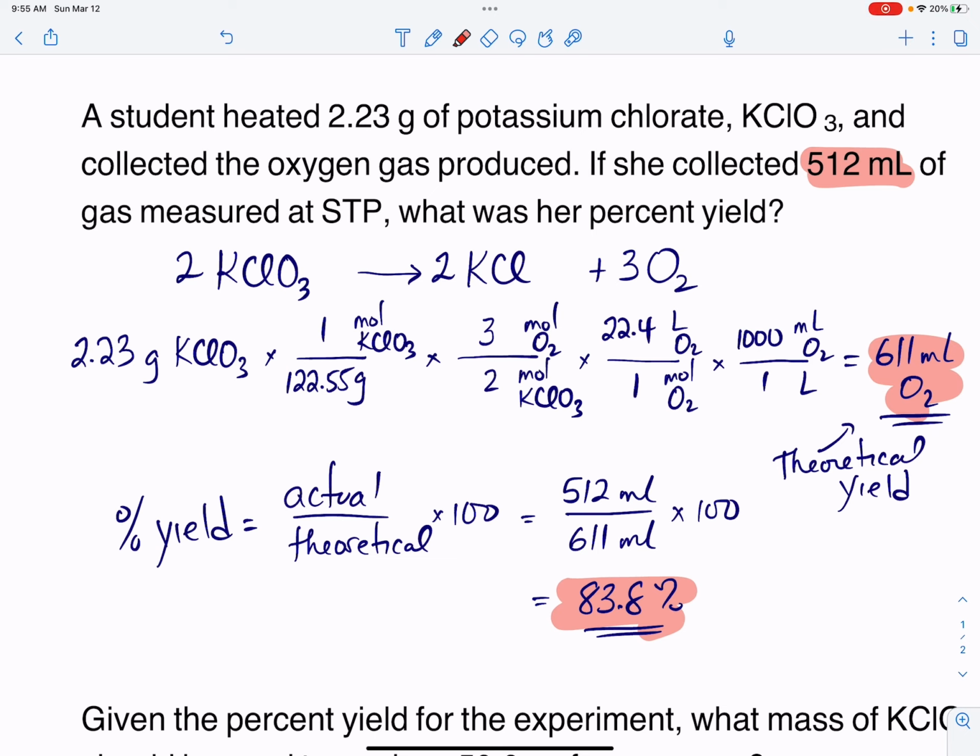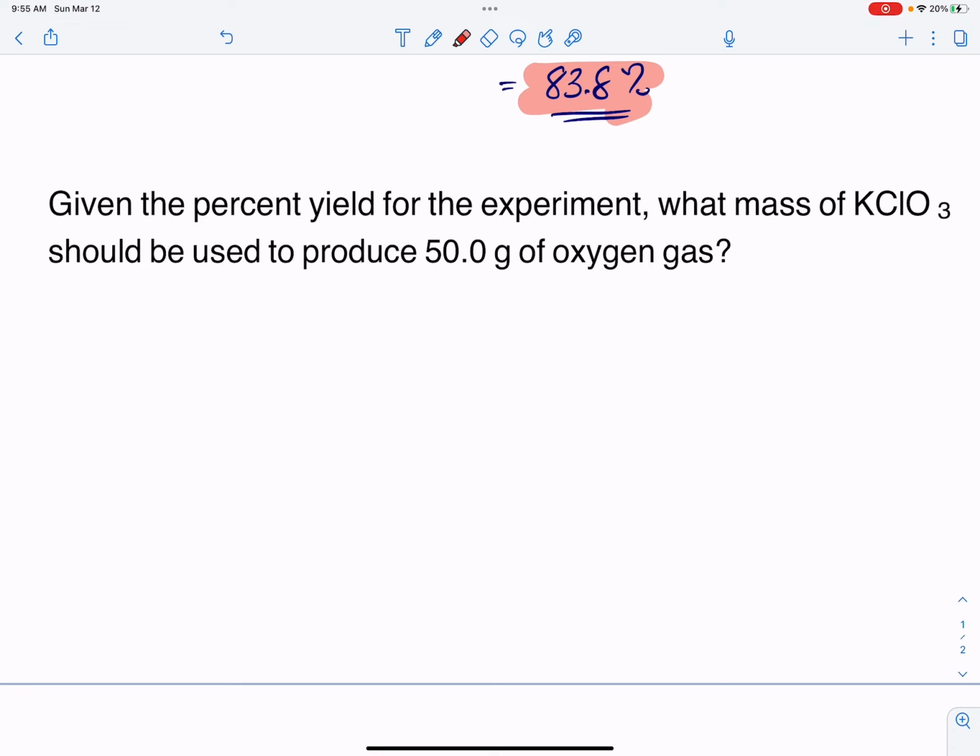All right, so that's the simplest type of percent yield calculation, where you are told the actual yield and you calculate by stoichiometry the theoretical yield and then just plug things into your formula to get the percent. But you can also use percent yield in a slightly more difficult calculation. It's really not more difficult, but perhaps more confusing for some students.